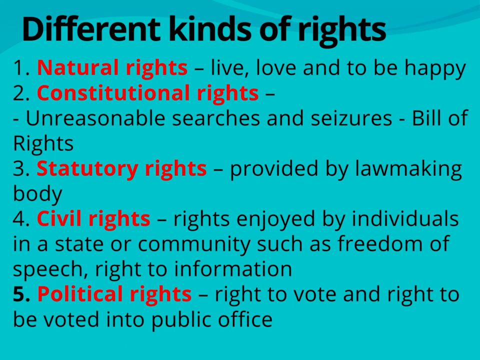Natural rights are the rights to live, love, and to be happy. Constitutional rights, like protection from unreasonable searches and seizures as stated in the Bill of Rights. Statutory rights are provided by a lawmaking body, like the Congress. Civil rights are rights enjoyed by individuals in a state or community, such as freedom of speech and right to information. And political rights are the right to vote and the right to be voted into public office.